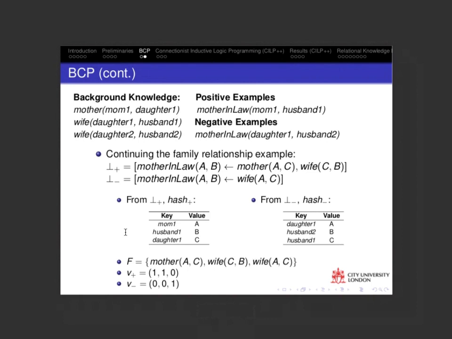And for the second one, it's input 0, 0, 1 with target value -1 because it derives from a negative example. So that hash function basically connects the two representations.